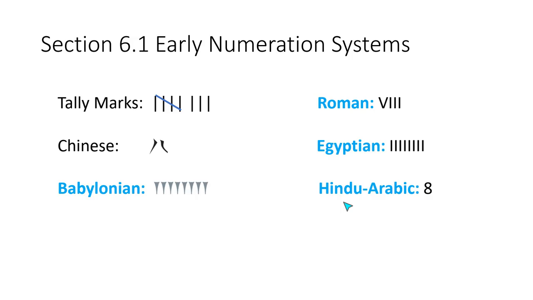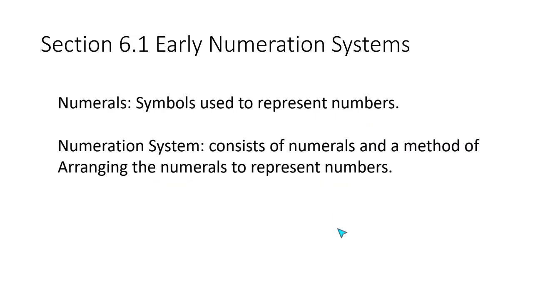The one we use here in the United States is called the Hindu-Arabic system, and our numerals are numbers like the number 8. The ones highlighted here in blue are the ones we're going to focus on today. Numerals are just symbols used to represent numbers, and a numeration system consists of those numerals and methods to arrange them to represent different numbers.